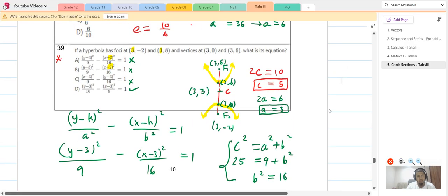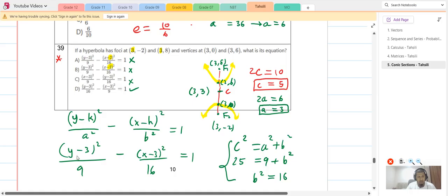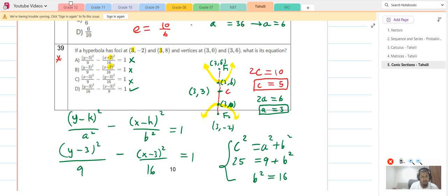Everything looks fine, perfectly fine. I'm not sure what the problem is here. (y minus 3) all squared over 16 shouldn't be 16, it should be over 9. The problem is here. So I don't think it's any of the options here.